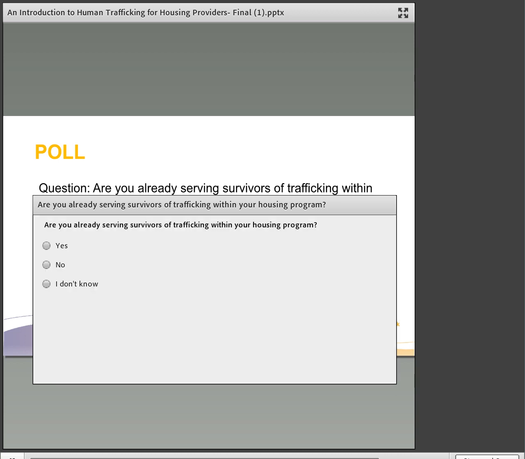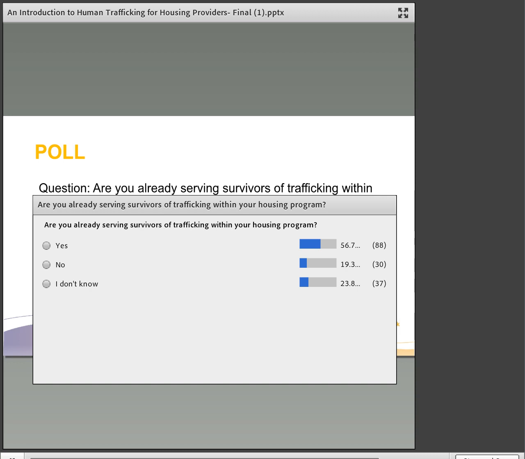So the majority of participants, about 56%, are saying yes, they are already serving survivors within their housing program. About almost 20% are saying no, and about 23% are saying they're not sure.